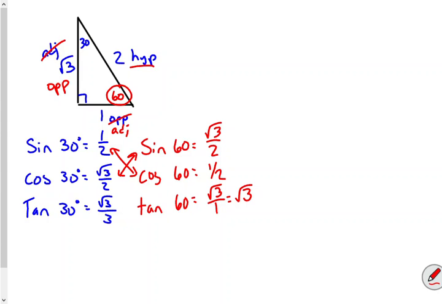And the last one we want to talk about here is going to be referring to a 45-45-90 triangle. So you remember, if these angles are both 45, then what we're going to have are some very basic, let's call this 2. Well, this would be the same.